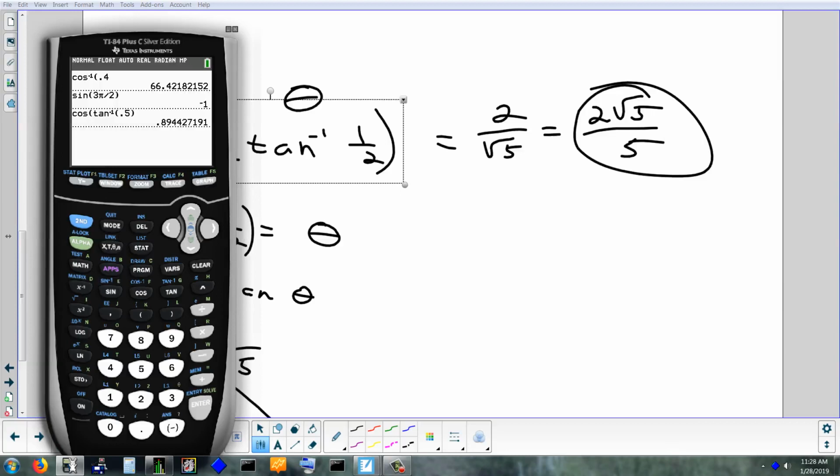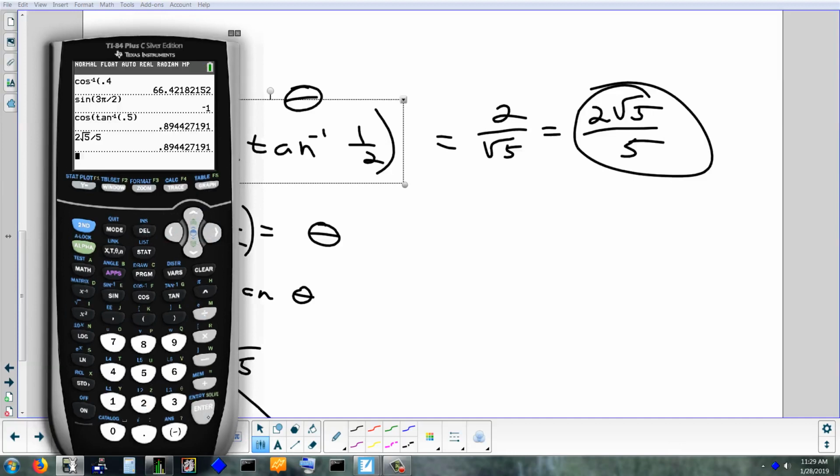Let's see what I got: 2 square root of 5 divided by 5. 0.894427. So without setting up that diagram and going through it, you'll never get the exact answer. You could get the decimal, but you're not going to get 2 square root 5 over 5. So that's why you've got to go through the diagram. On the test, I would be looking for what I circled, not 0.8944.